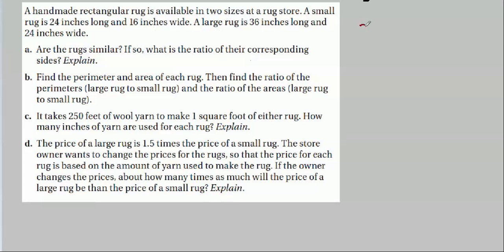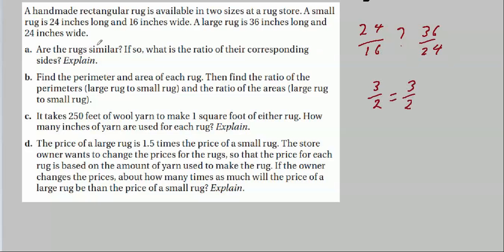We got 24 over 16, and is that equal to, less than, or greater than 36 over 24? Well, let's see here. If we divide both of these by 8, I think we get 3 over 2. Divide each of these by 12, and we get 3 over 2. Well, okay. They are the same ratio.